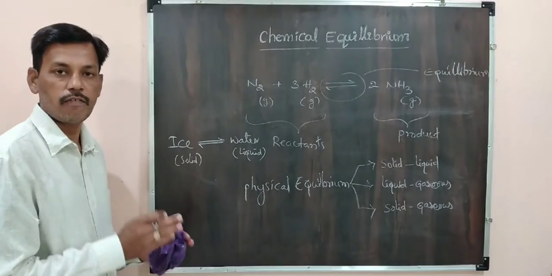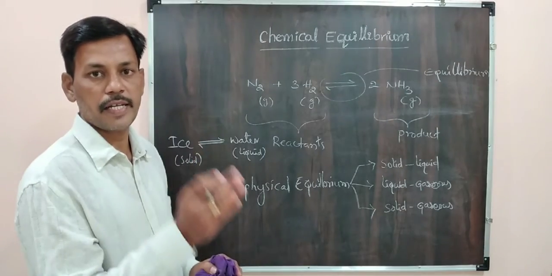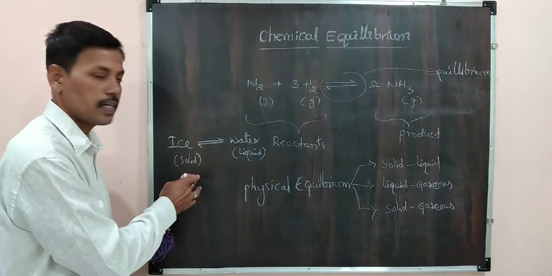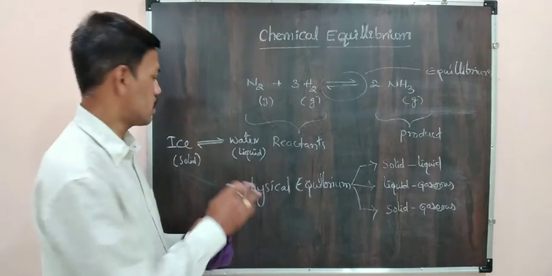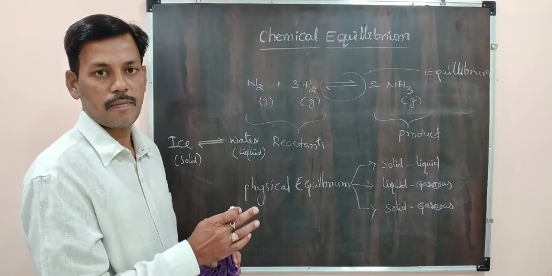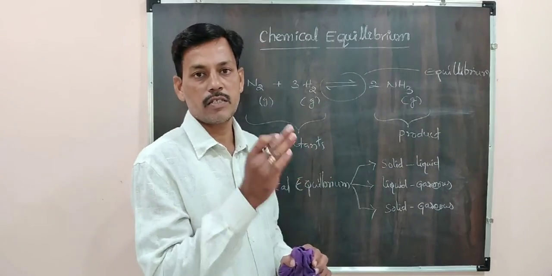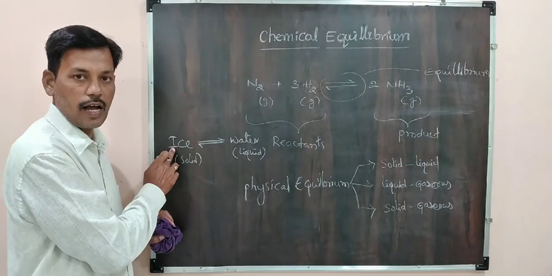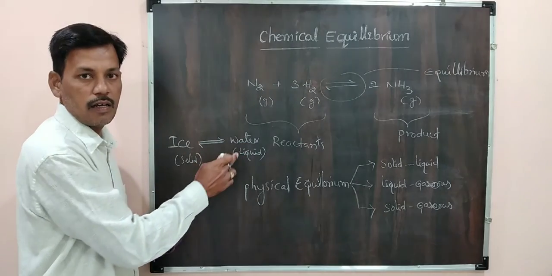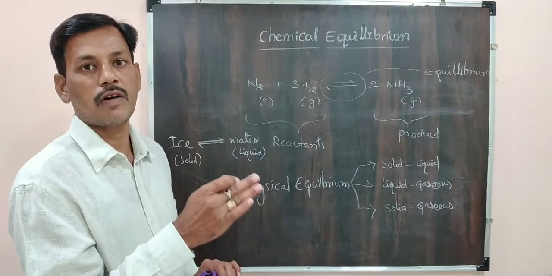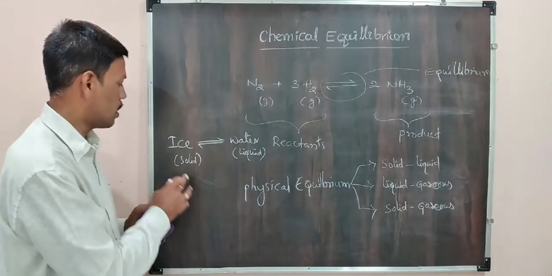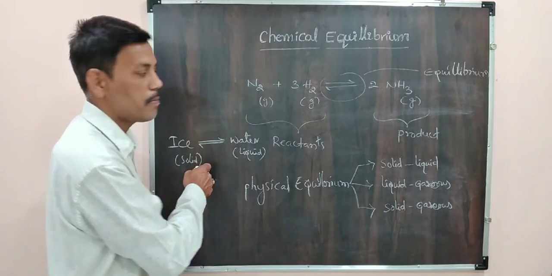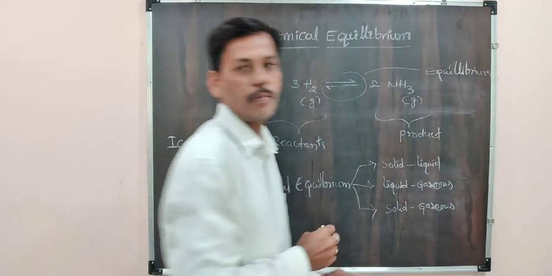In solid liquid equilibrium, at a constant temperature, the temperature does not vary. When we keep the whole system in an insulated system, ice and water are in equilibrium state. So the solid and liquid are in equilibrium state. This type of equilibrium is called solid liquid equilibrium.